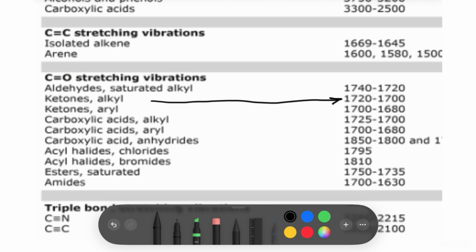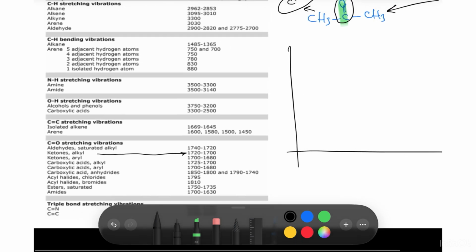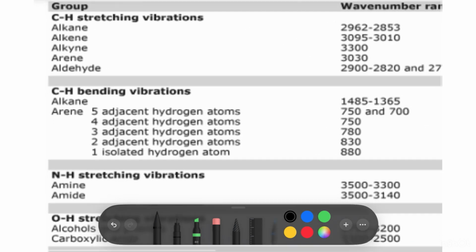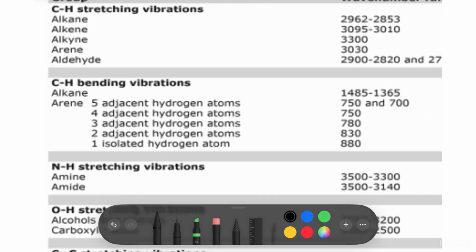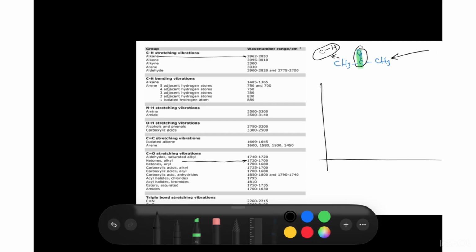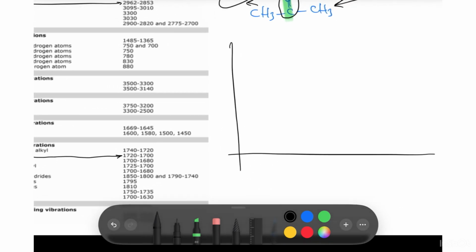And we have another peak that represents the CH, like CH3, which is around 3000 something. So technically, we have like 1500s. I don't care about the other things before. We have C double bond O that appears at 1700s to 1720, and this one appears around 3000 or below 3000.